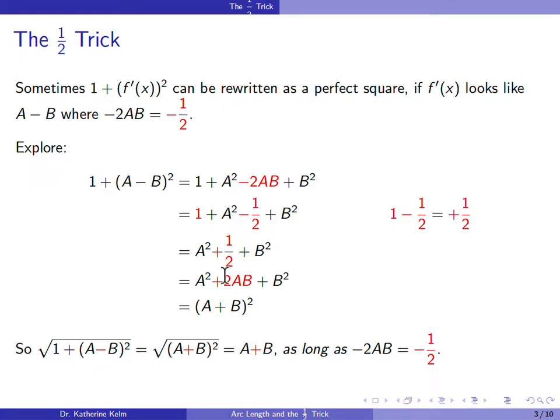But positive 1/2 is equal to positive 2ab. And so we end up with a squared plus 2ab plus b squared, which refactors as a plus b all squared.